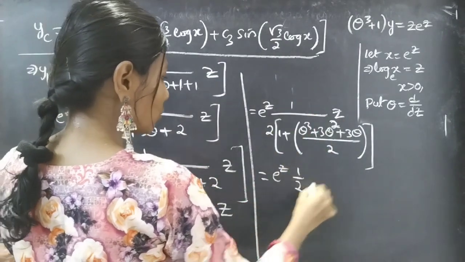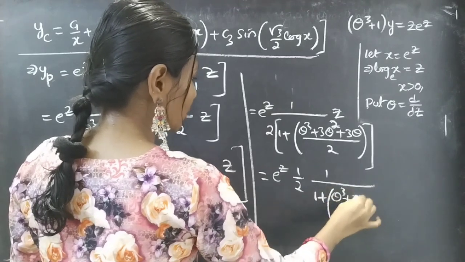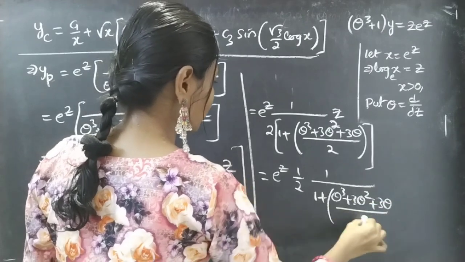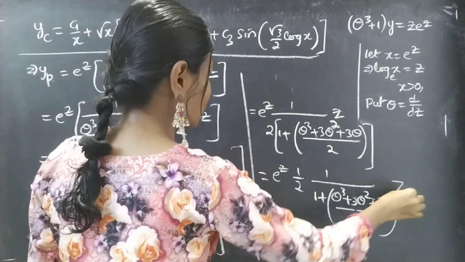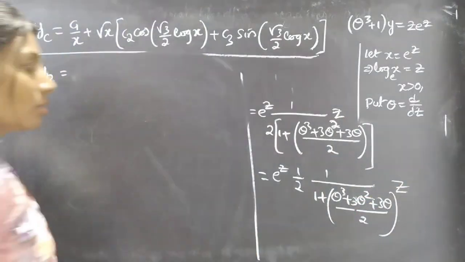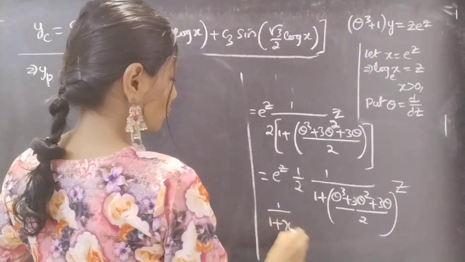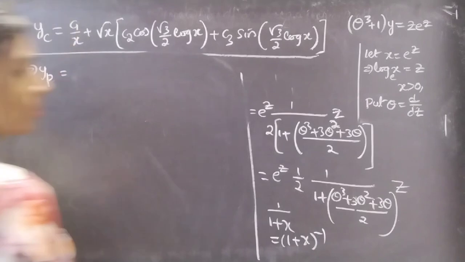We'll get 1 by 2 into 1 by 1 plus theta cube plus 3 theta square plus 3 theta by 2 into z. See, the second fraction is of 1 by 1 plus x form, so we can write it as 1 plus x whole inverse.